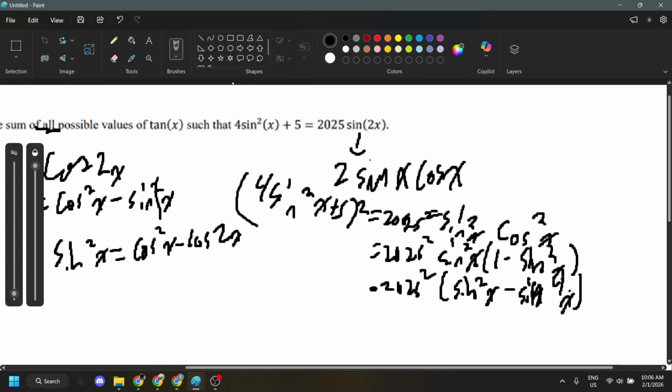I can't just take the square root of that, and that's not that helpful, because this is a really hard equation to solve now.